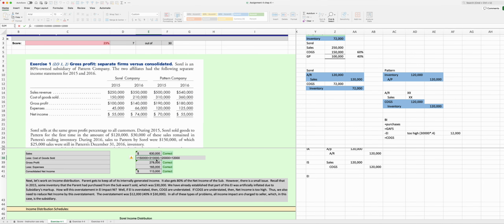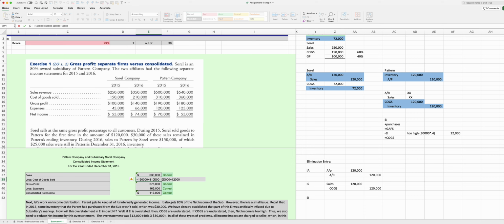When we added to cost of goods sold, what impact did that have? By the way, this 120,000 was an intercompany sale, so that had no impact necessarily on the net income of the subsidiary.